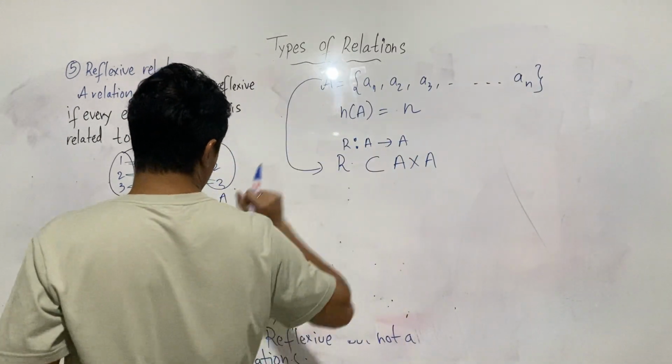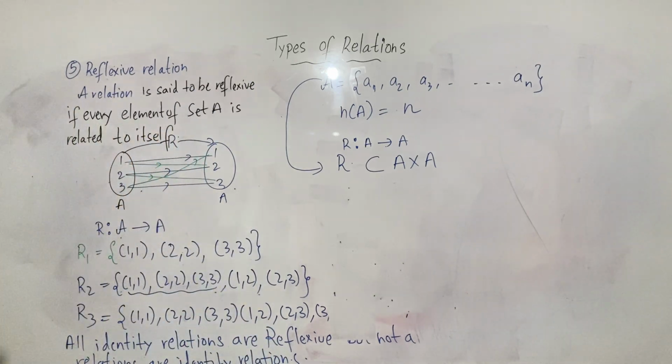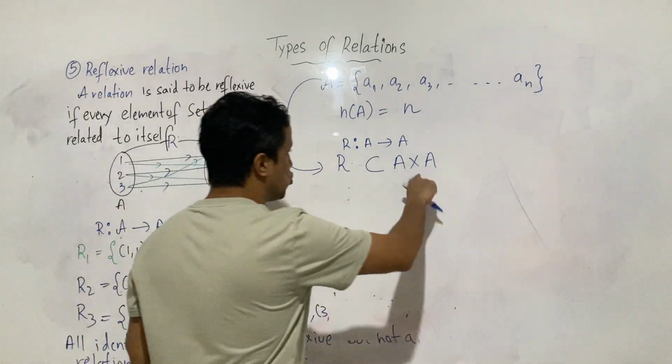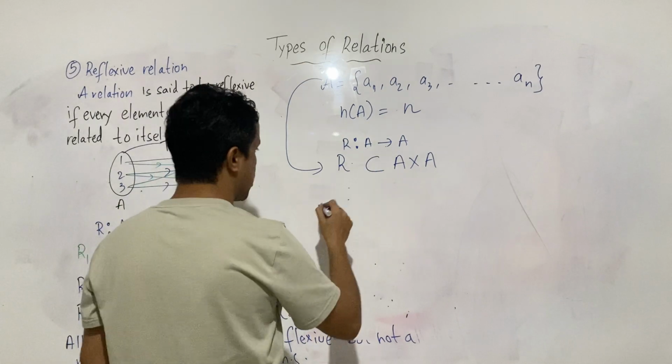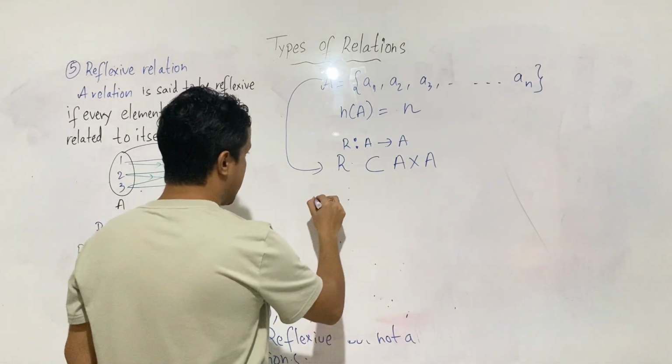So now see here what A cross A is going to be.